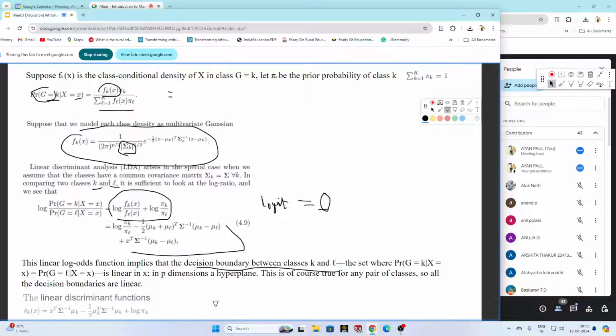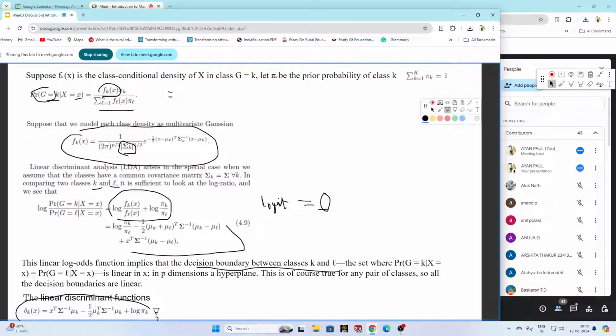Okay. Now this can also be written in terms of a discriminant. Whenever you solve it or make this equal to 0, you will get this. Okay, x transpose is the matrix of all your inputs, and mu k is related to the mean of the kth class, minus half of mu k transpose sigma mu k, plus log of pi k.